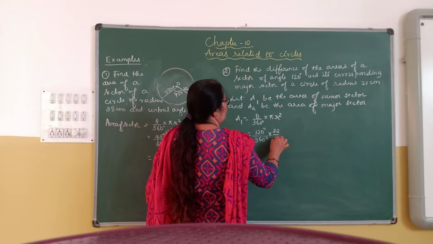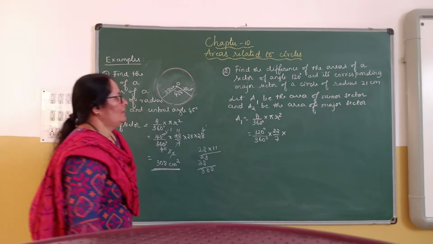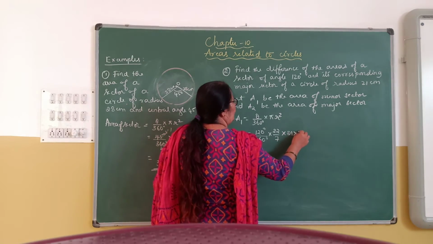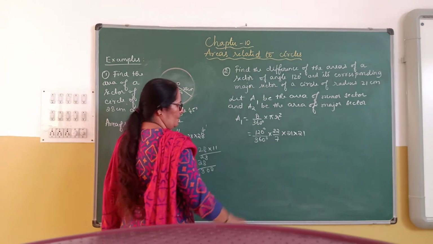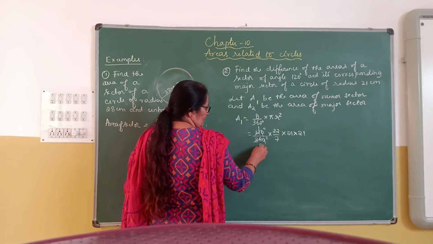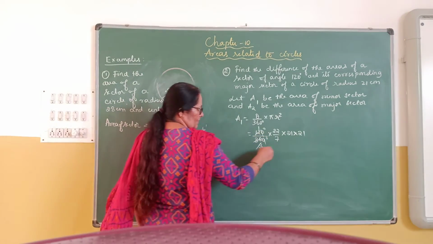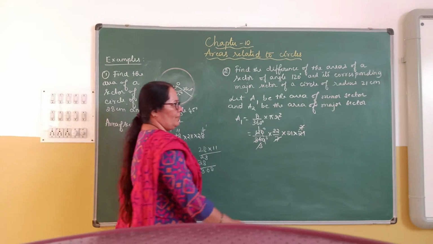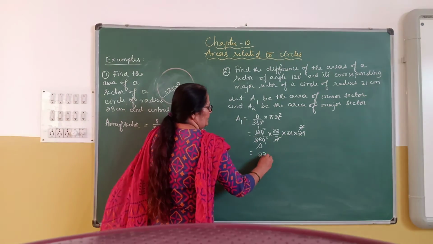Pi is 22 by 7 and the radius is 21, 21 into 21. Simplify. 0 cancels. 12 1s are 12, 3 1s are 3, 3 7s are 21, 7 cancels. So 22 into 21.